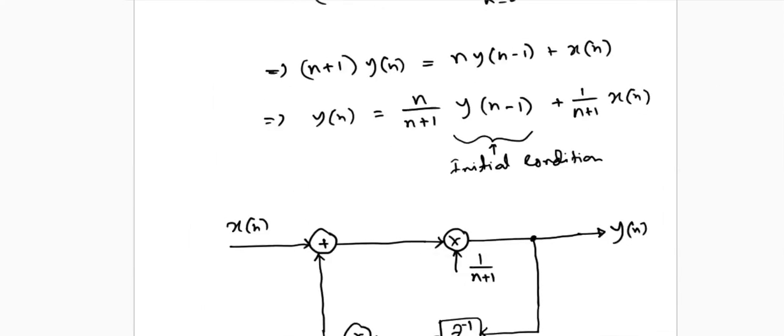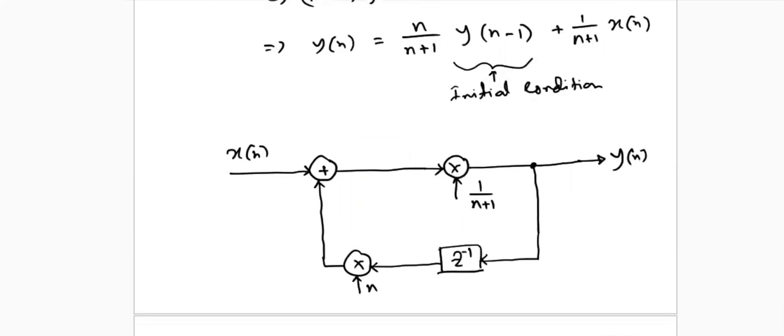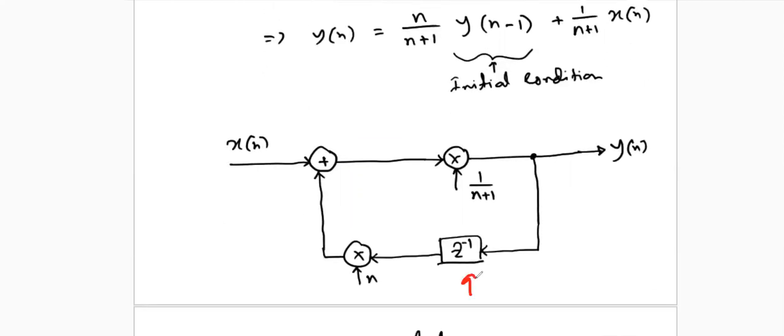That means now what we can do, if we have the present input and previous output, then we can find our present output. We do not need a lot more memory locations. Basically, these delay functions are the memory locations. You need to delay. How can you make the delay? That means you need to store the value. The previously available output should be stored somewhere, and that is the memory location. So how many memory locations do you need for this system? Actually, you need one memory location.